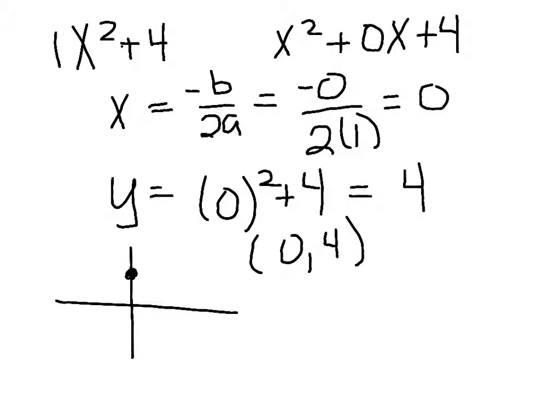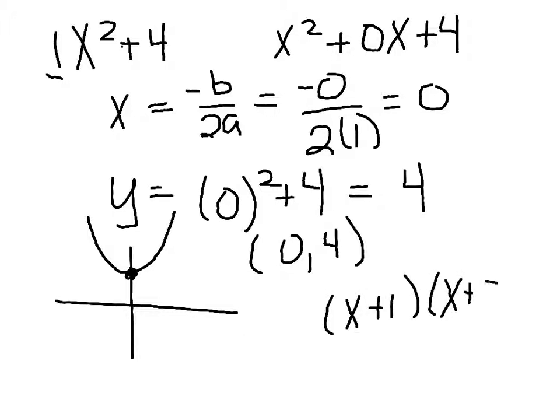Now, does this open up or down? The a is positive, so it's going to open up somehow. Remember when I have the 2 parentheses, something like this, this is actually giving me the x-intercepts.